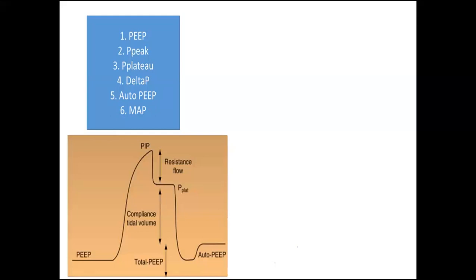You can see here. From here you can explain to me what is P plateau. Pressure at inspiratory pause, measured at inspiratory pause. No, I'm not asking how to measure it. I want your understanding of P plateau. We will go into how to measure it in subsequent classes.